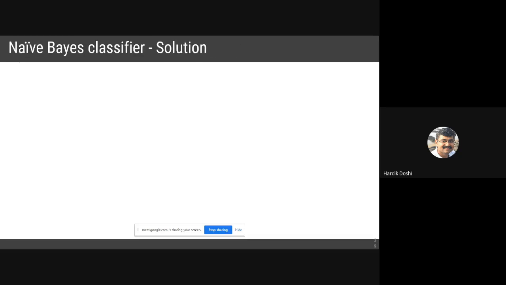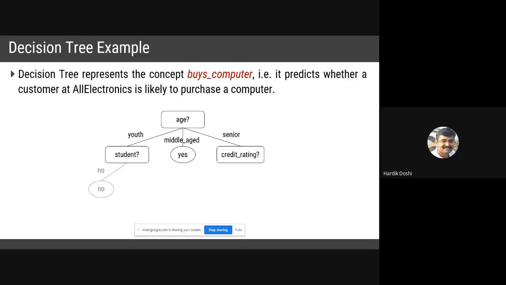Let me show you the decision tree which we were having. This was the example of decision tree which we discussed. Now, rule-based classification is nothing but the problem of if-then.